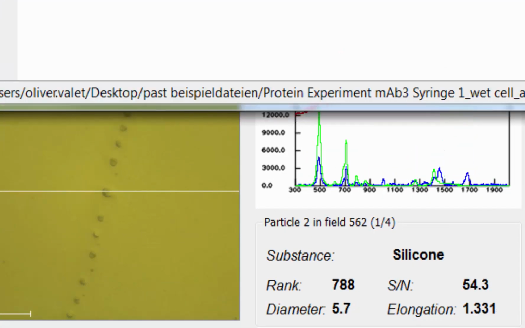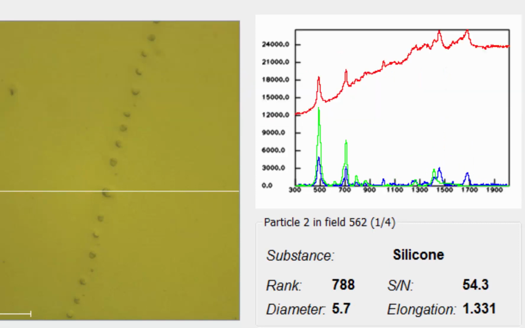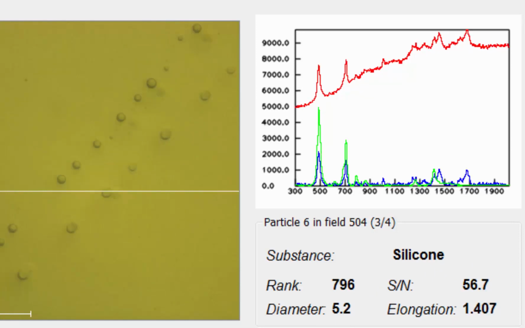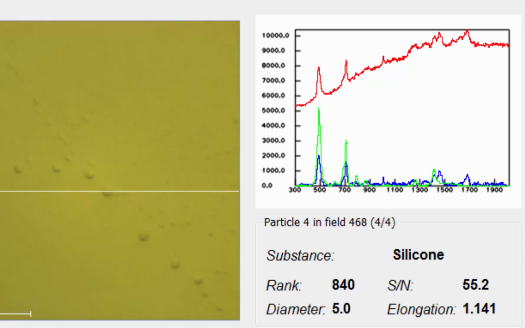Going down to the smaller ones, that's a 5.7 micrometer silicone droplet. This is 5.4, 5.2, and 5.0. So you can reliably find those silicone droplets, and you can even measure smaller ones. We have measured them in other examples down to 2 micrometers in size.